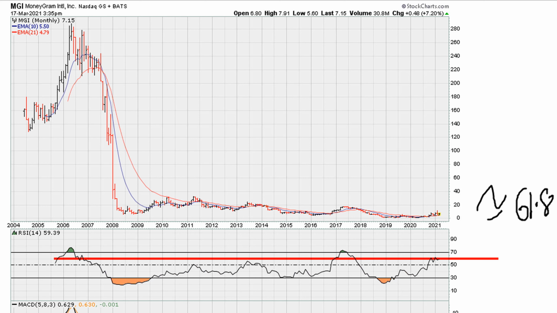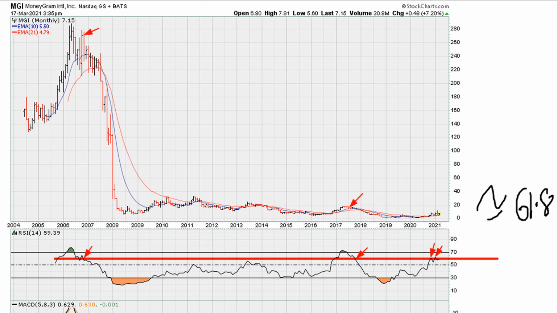And what we see here, again, gonna keep this brief, there's a break below 61.8 of the highs there in 2006. We move back below the 61.8 threshold in 2017. And recently we've tagged this twice.